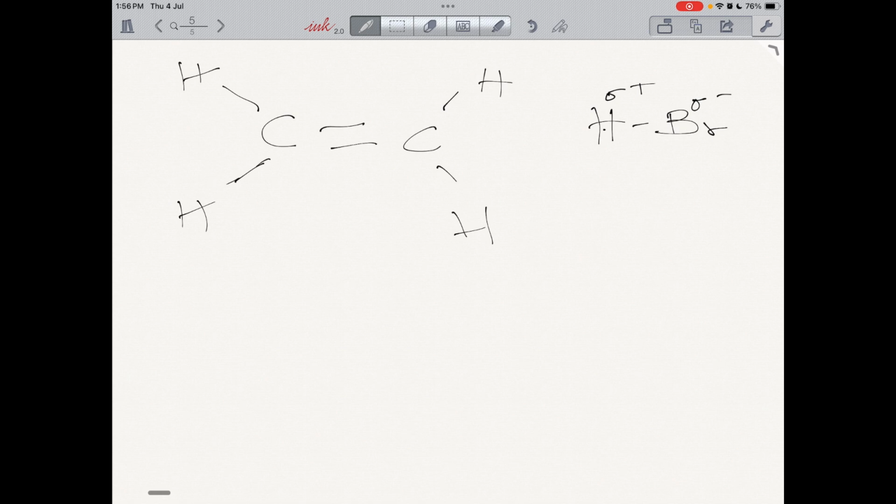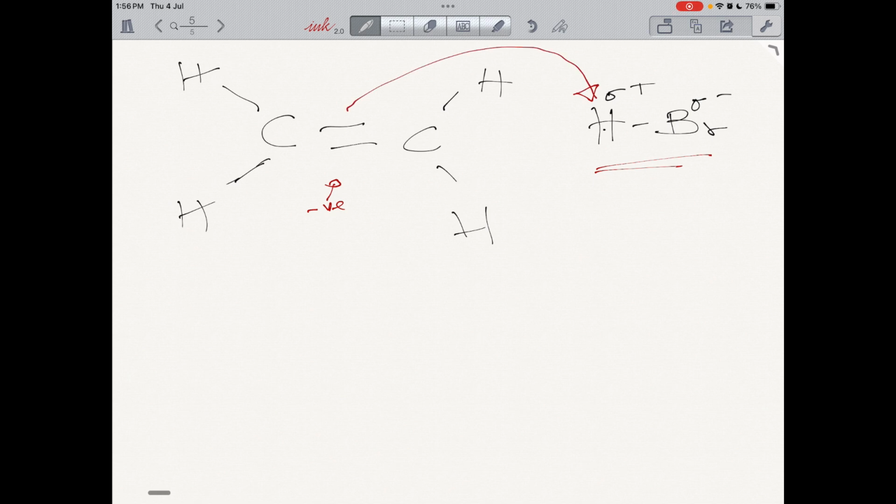Which part of this molecule do you think the negatively charged electrons will attack? It is negative, so it will want to attack the positive side of this molecule. How does it do that? A curly arrow.